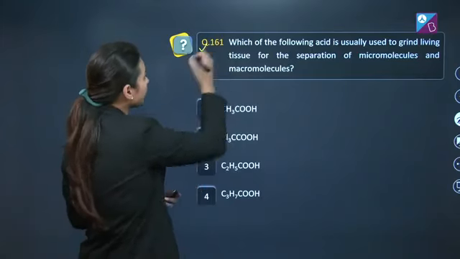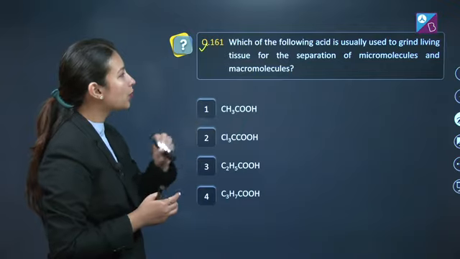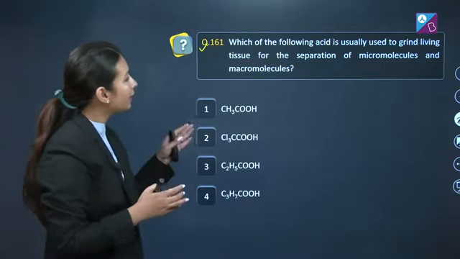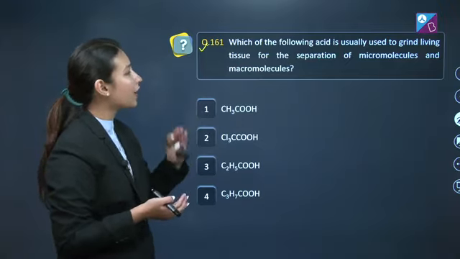Question number 161, which states: which of the following acid is usually used to grind living tissue for the separation of micromolecules and macromolecules.